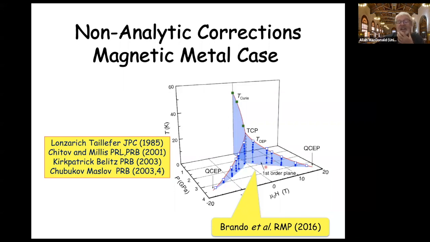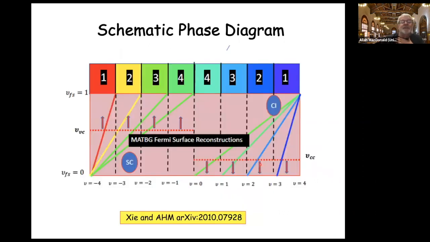And in particular, there's a phenomenon people often refer to as metamagnetism: if you're close to this boundary and you apply a magnetic field, you will suddenly jump up to a large magnetization discontinuously.